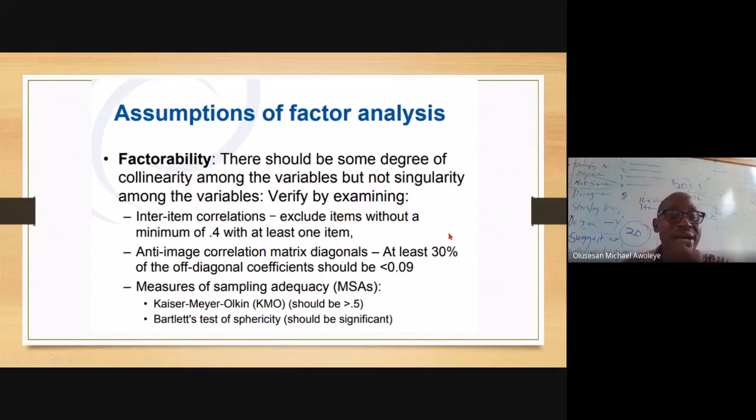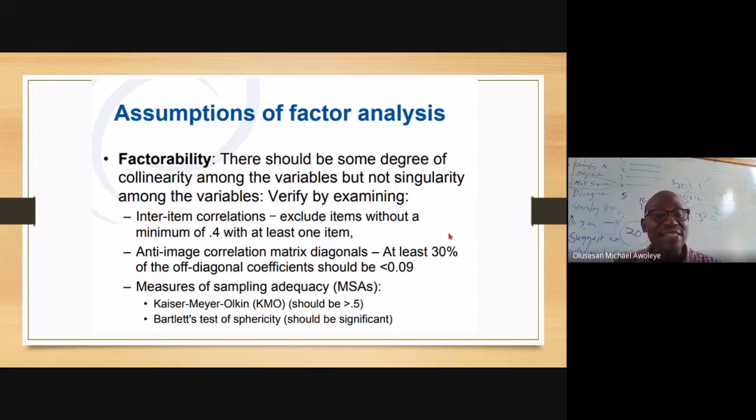Then we have something called measures of sampling adequacy, MSA. These are the terms that an examiner will be expecting you to speak to when you are claiming that you have used factor analysis. If you claim to have used factor analysis and you did not show them your Kaiser-Meyer-Olkin, KMO, you did not show them Bartlett's test, then they will tell you you have not done anything, because they want to see the threshold.